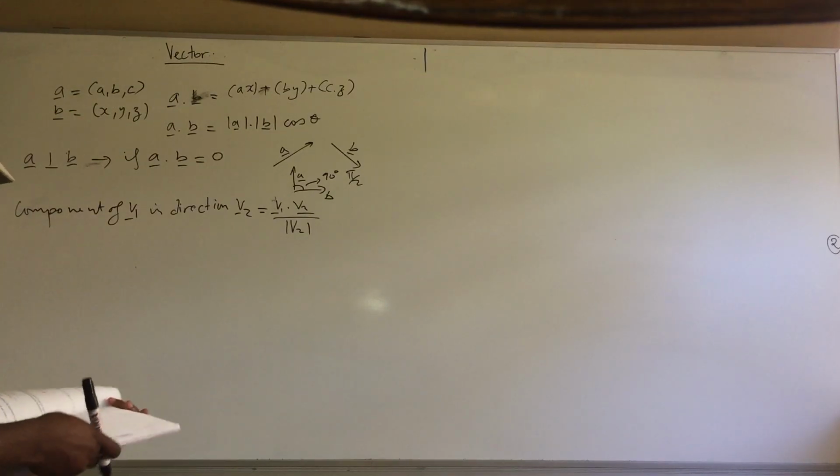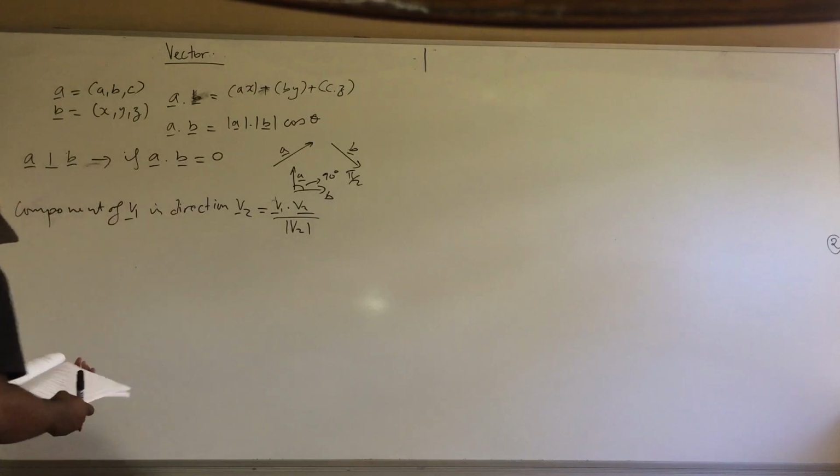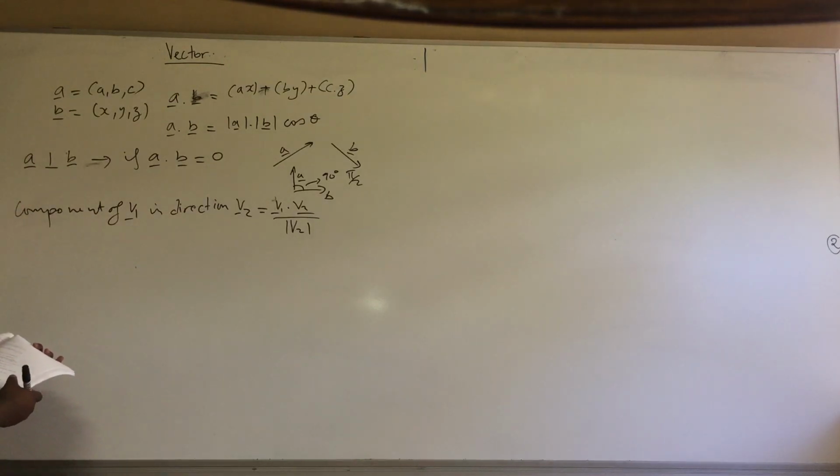They are asking, what is the component of the vector 2i plus 7j in the direction of i? Let me write it so that you can see.